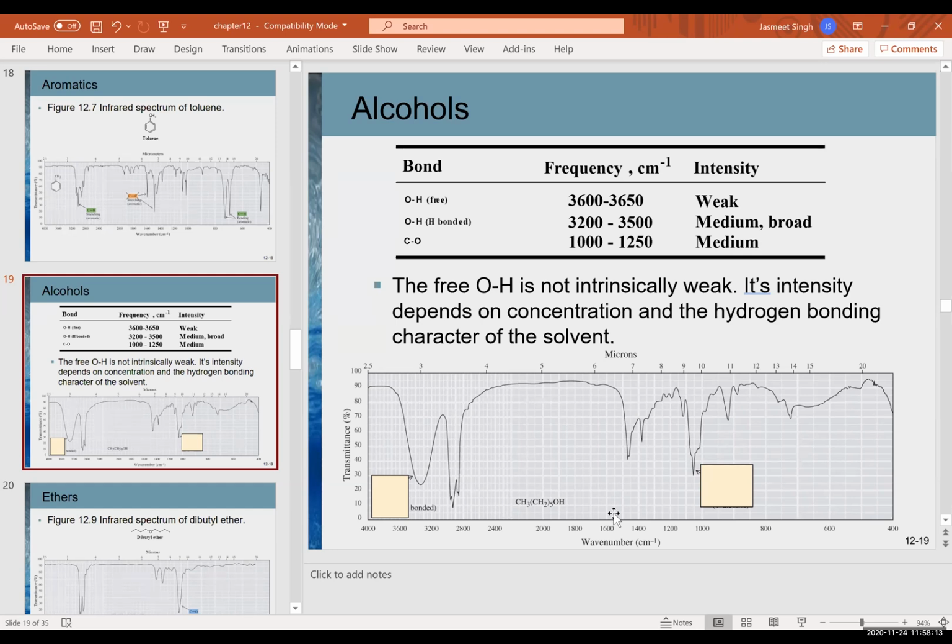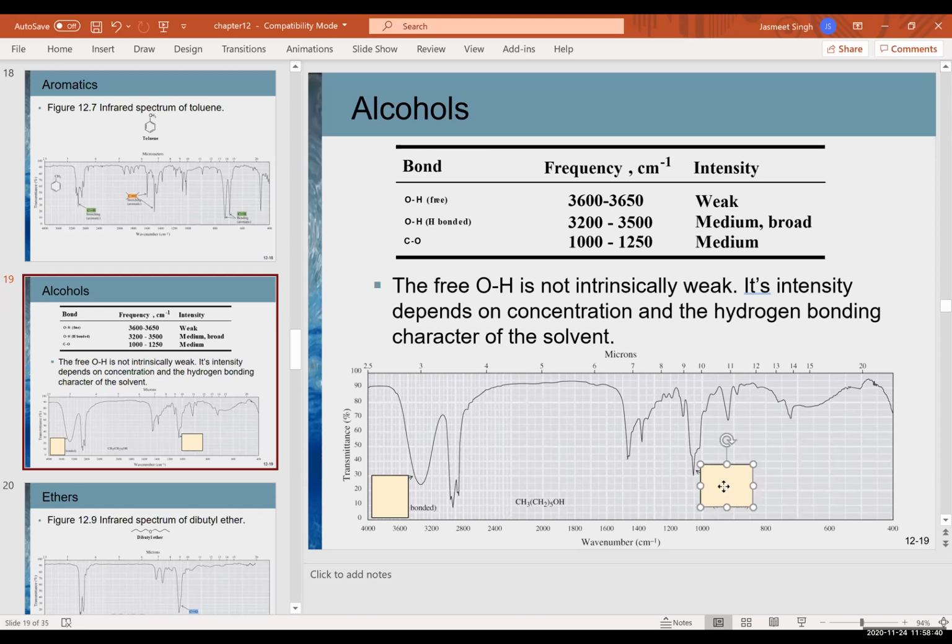Most of the IR signals you will get will be a hydrogen bonded OH. Most of the time it is hydrogen bonded. There are extremely few molecules with an OH group which are not hydrogen bonded. So a free OH signal will be a rare case.